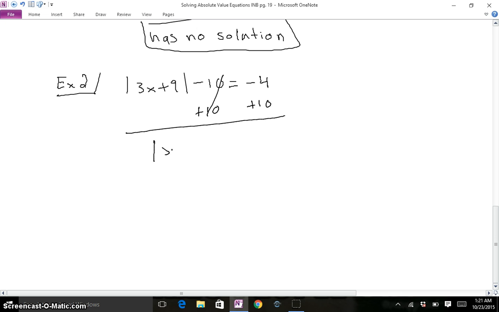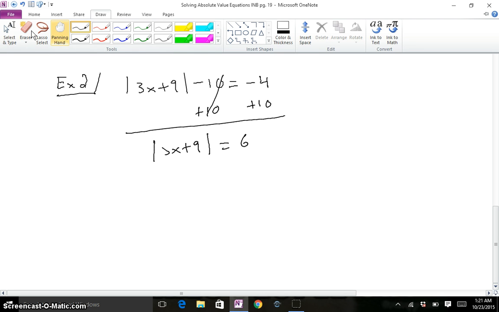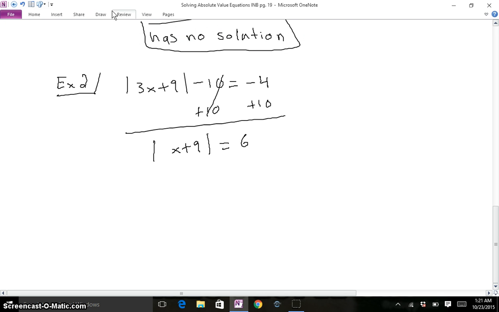We get the absolute value of 3x plus 9 equals negative 4 plus 10 is positive 6. Absolute value 3x plus 9 equals 6. Now that the absolute value is isolated, we can then split it apart.